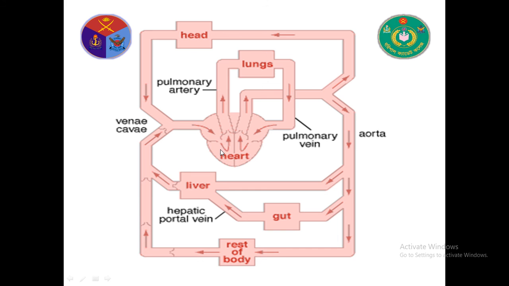The carbon dioxide blood then goes to lung through pulmonary artery, and the oxygenated blood spreads throughout the body through aorta and their branches. So this is the overall figure of blood circulatory system.